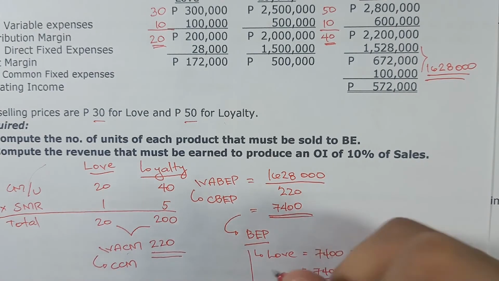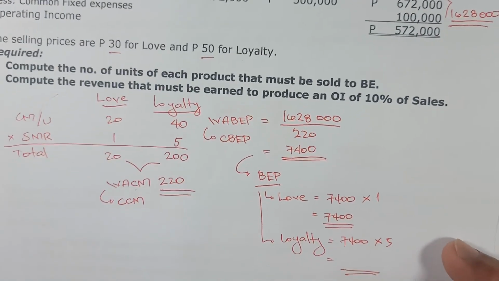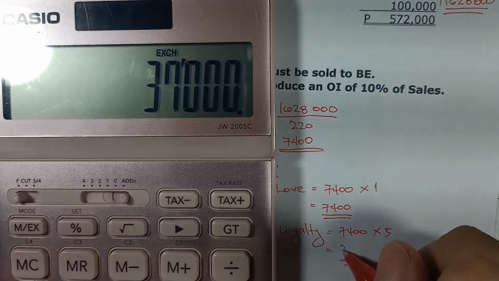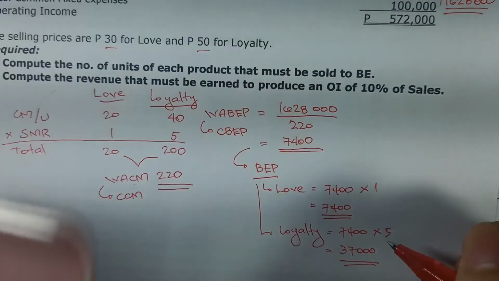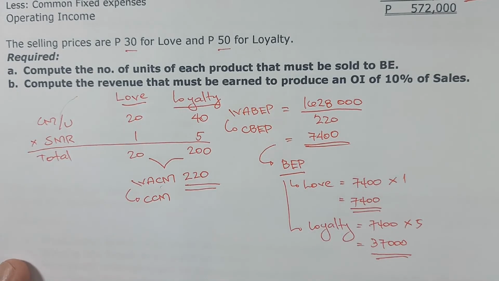For loyalty, on the other hand, it will be equal to 7,400 times the sales mix ratio of 5, or this is equal to 37,000. So, final answer for requirement letter A, that's to compute the number of units of each product that must be sold to break even: 7,400 for Love, then for loyalty, that's 37,000.